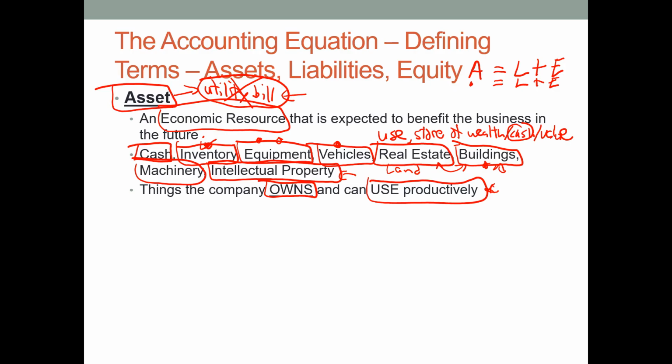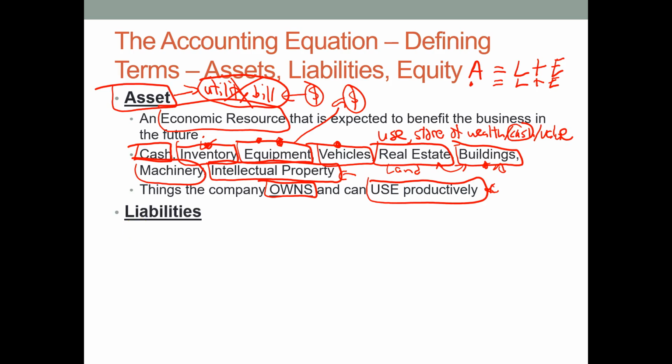But with a utility bill, you're spending cash. And equipment, when you're purchasing it, you're also spending cash. But again, the difference is that the equipment is going to give you future value, future benefit. So you're not going to treat it like an expense. You're going to hold it in your accounting records as an asset. And we're going to show you how to do this with examples later.